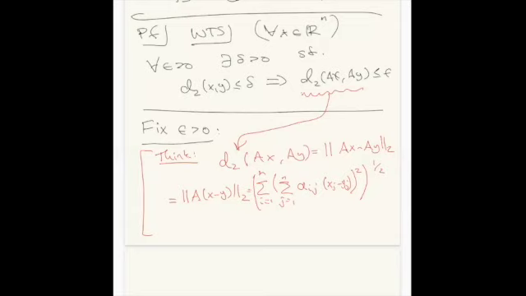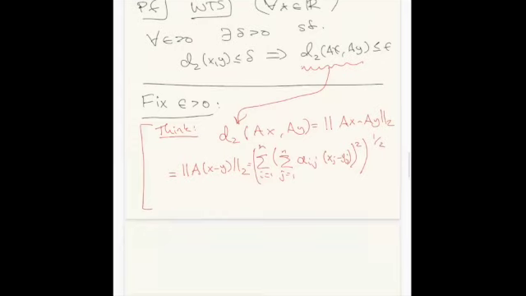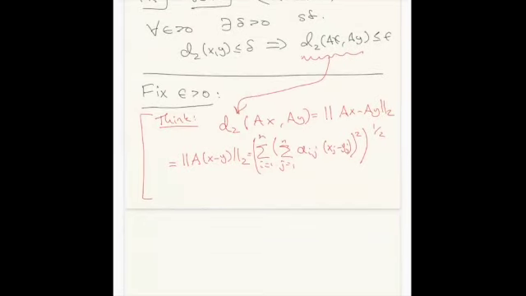Okay, so we have this expression. This is the distance between AX and AY. Now, how do we estimate this from above? A is a fixed matrix. There's a simple trick that is the stupidest thing you ever do, but since A is a constant, let's use that in a basic way. So A is a constant, so all of its components are constant. So we can define a quantity. Let's call this the infinity norm of A. It is the maximum of the absolute values of all of its components.